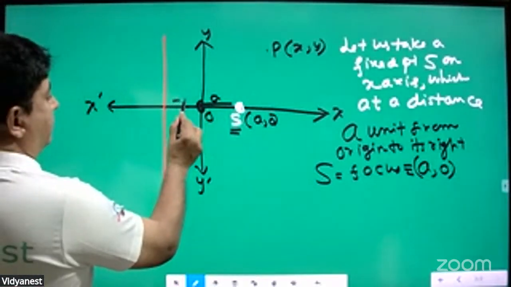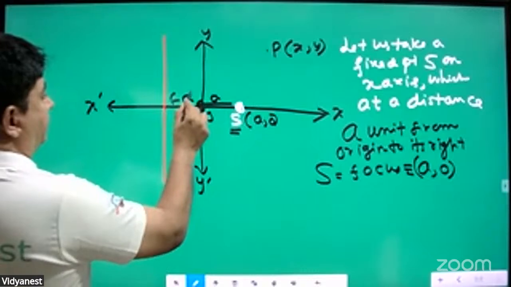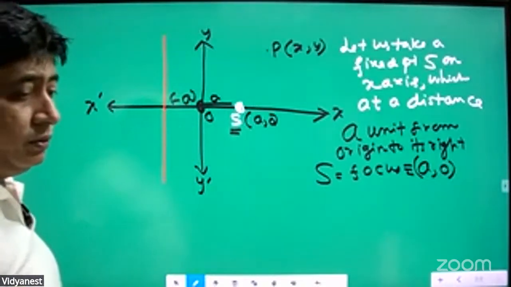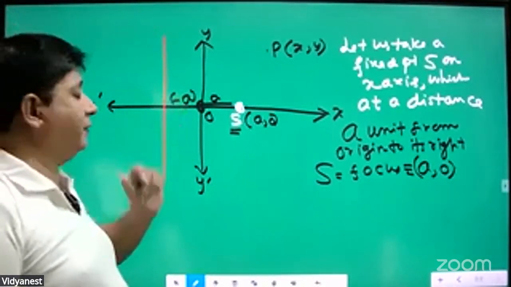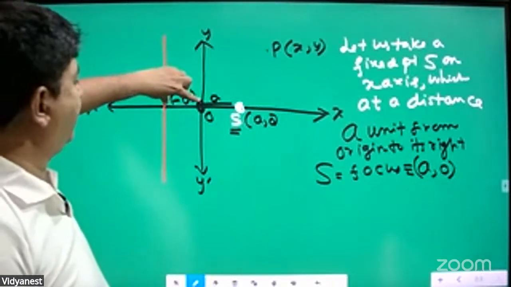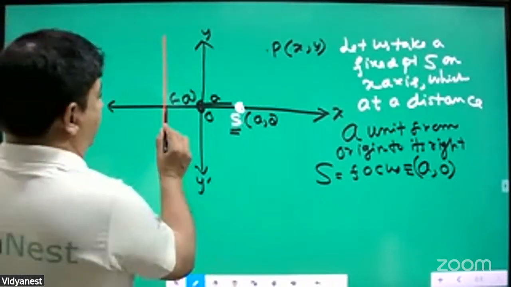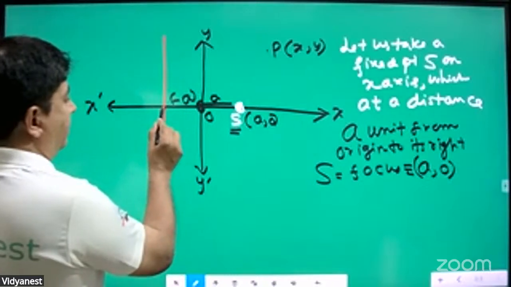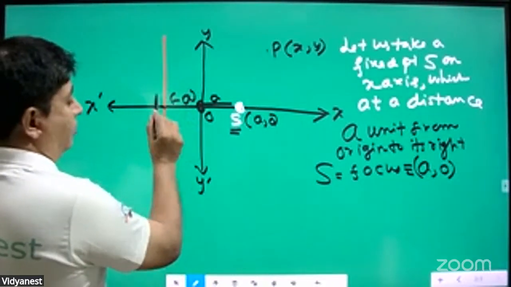So that is minus a. Now you tell me that minus a is the value of what? X. This minus a is the value of x.